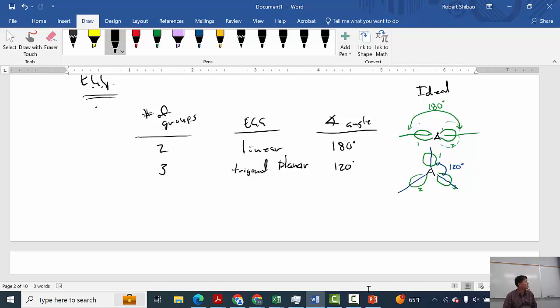And so this is subject to distortions depending on how big the groups are. But this is what we call the ideal. Ideal, we ignore the little distortions.